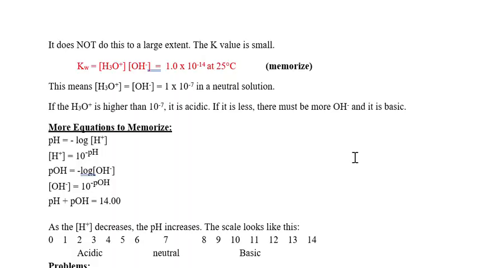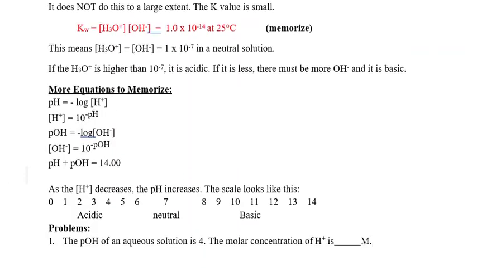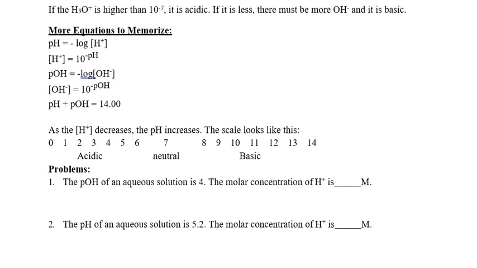If you have a hydronium ion concentration that is less than 10 to the negative 7, then that means you have more hydroxide ions in concentration, and it's basic, and the pH will be greater than 7. Here are some more equations to memorize. You want to know that the pH of a solution is equal to the minus log of the concentration of hydronium ions in solution.